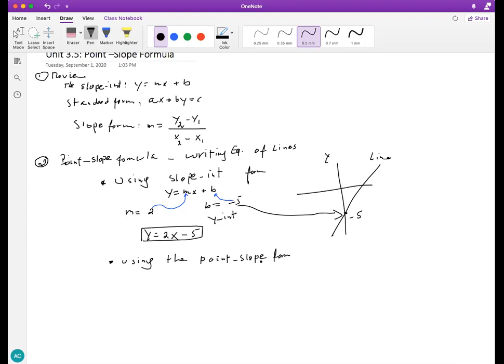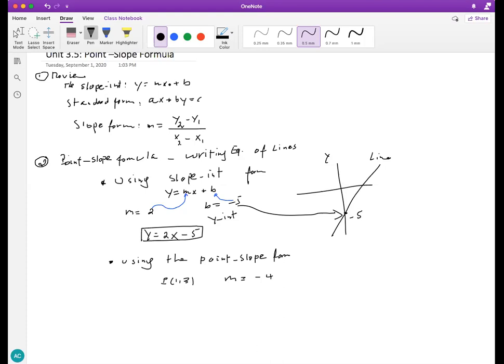The point-slope, as the name implies, means we need a point and the slope. So let's take a point here, for example, point P, maybe (1, 3). And let's take a slope, maybe -4. So we're going to learn how to use this information and write an equation, either in slope-intercept form or the standard form.